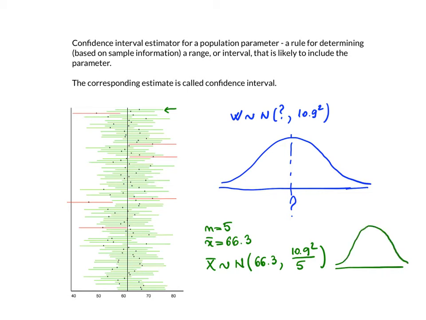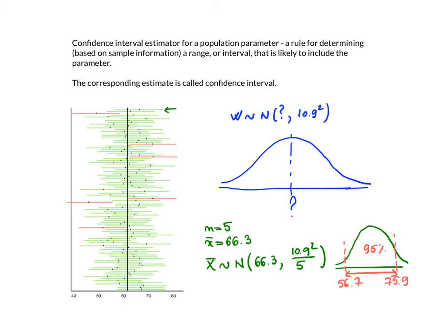And if I want a 95% confidence interval, I will take the interval containing the middle 95% of the data here, and that will be my confidence interval, which I have different ways to calculate. I'm not going to focus on the calculations, and my answer will be from 56.7 to 75.9.